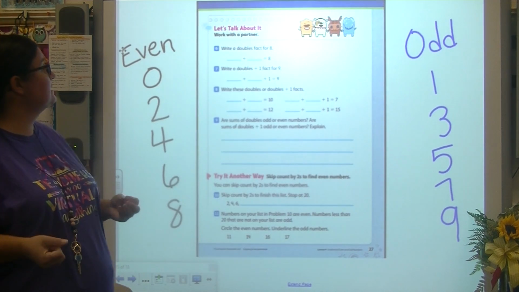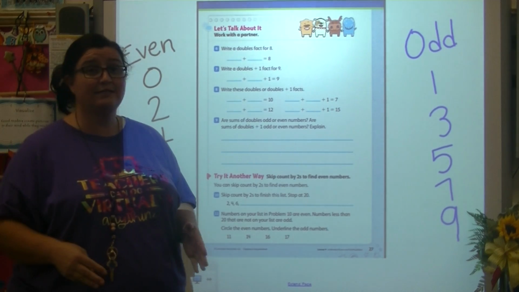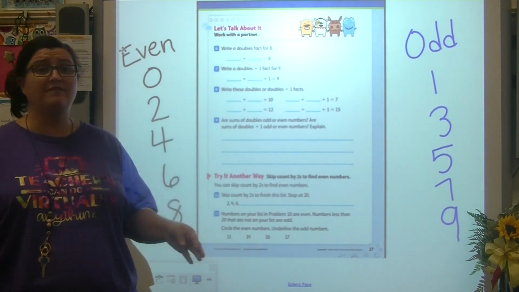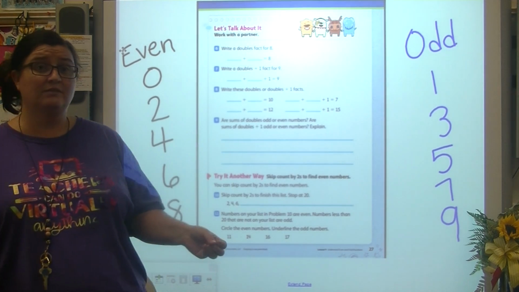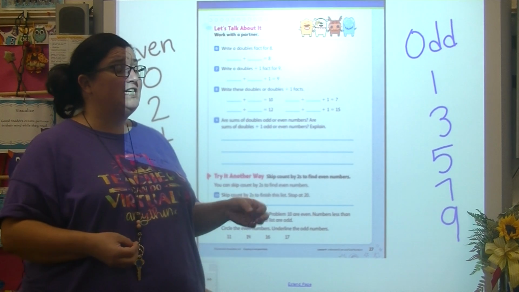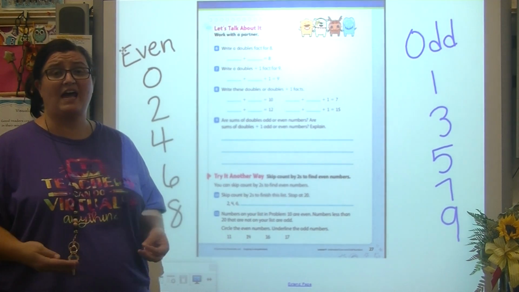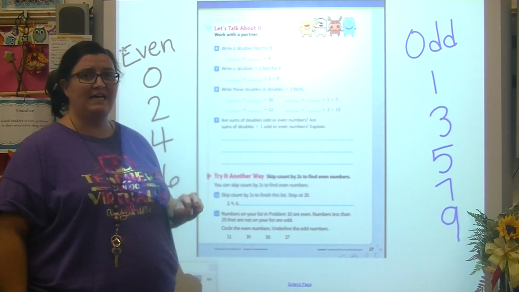So, let's think. If we have 8 objects, how could we make two groups where each group has the same amount? Let's think back to addition. In first grade, you learned about your doubles facts. What doubles fact equals 8?